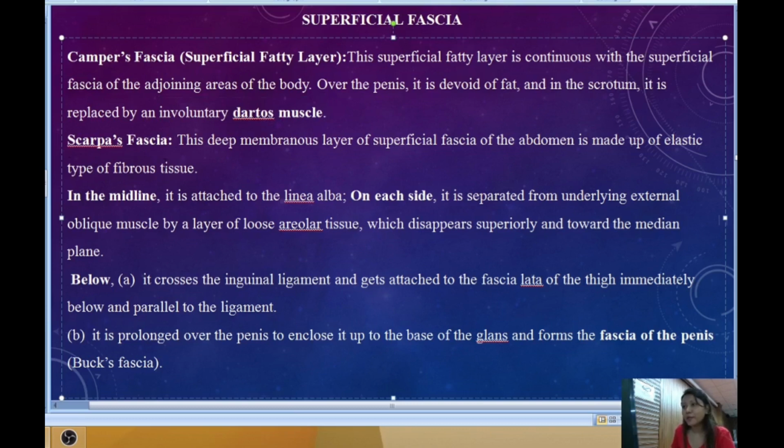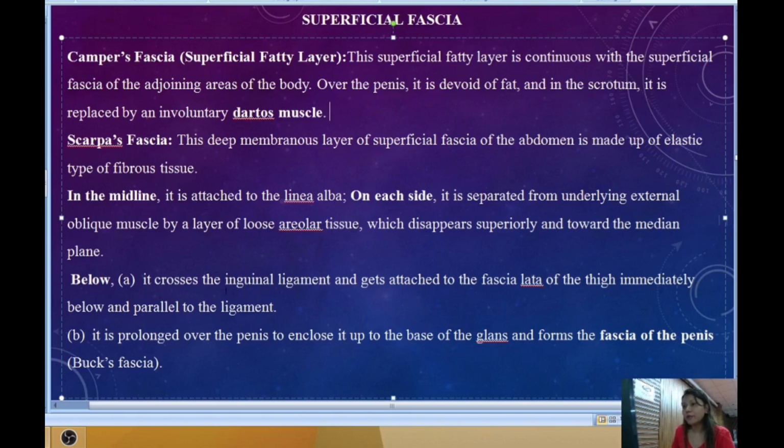Then Scarpa's fascia, it is a deep membranous layer of superficial fascia of the abdomen and is made up of elastic type of fibrous tissue. In the midline, the Scarpa's fascia is attached to the linea alba. On each side, it is separated from the underlying oblique muscle by a layer of loose areolar tissue.